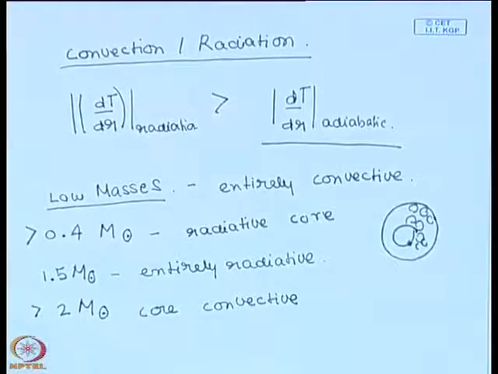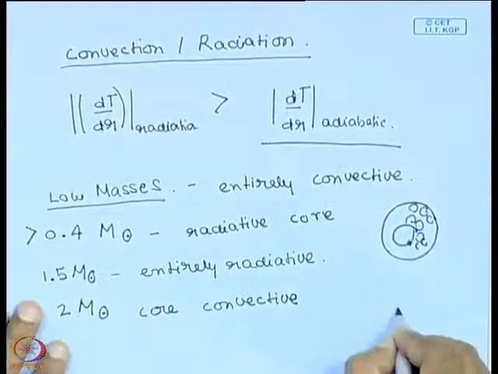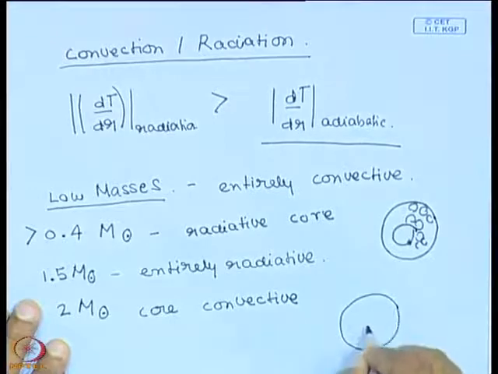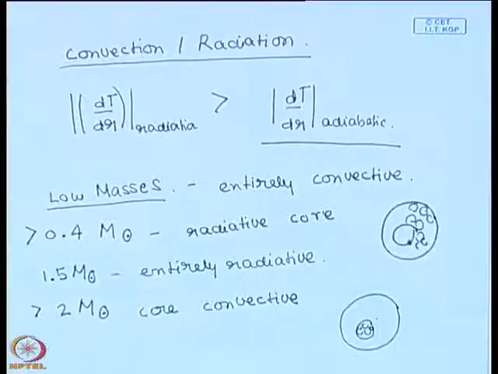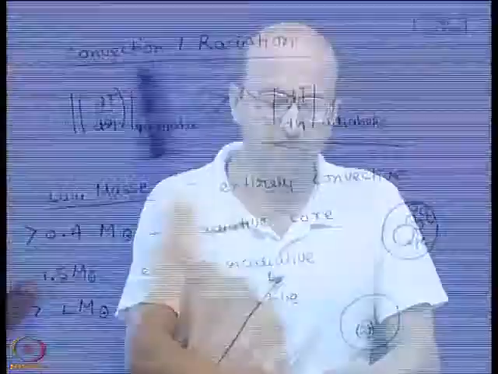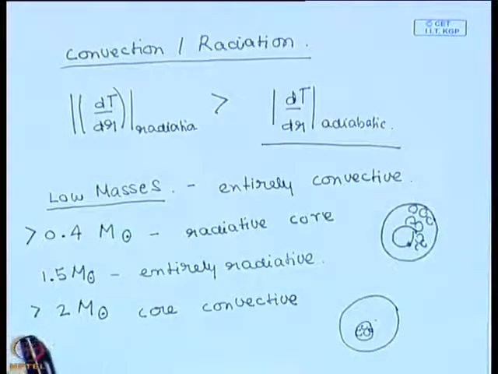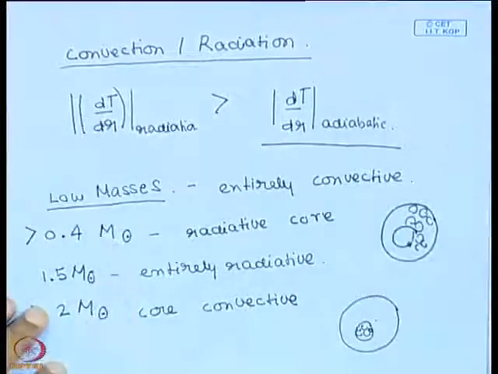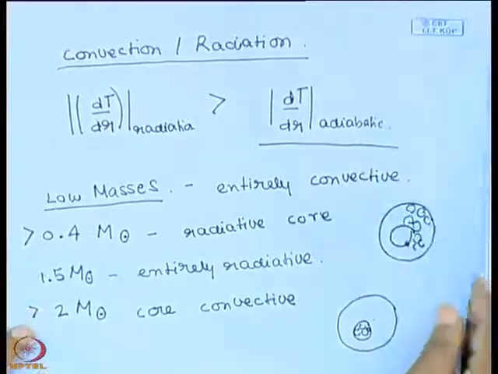Once you cross 2 solar masses, the core becomes convective, and for masses more than this, the core is convective. So, here what happens is the core becomes convective, you have convection here, and the energy is transported radiatively outside for masses more than this. So, for masses more than this, the region where the nuclear fusion is going on, you also have convection taking place in the same place where the energy is generated. Okay. So, this gives you a picture of the solution, and whether energy is transported convectively or radiatively.